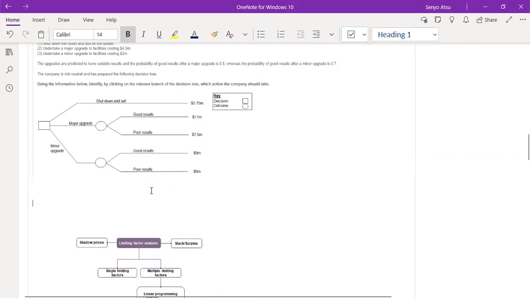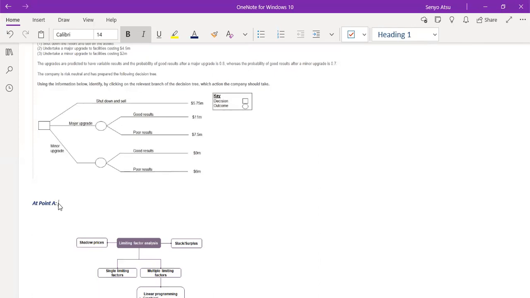Let me look at the first outcome in the middle. Let me call it A. And then the down one, let me call it B. So at point A, what I'm going to do is to calculate expected value.